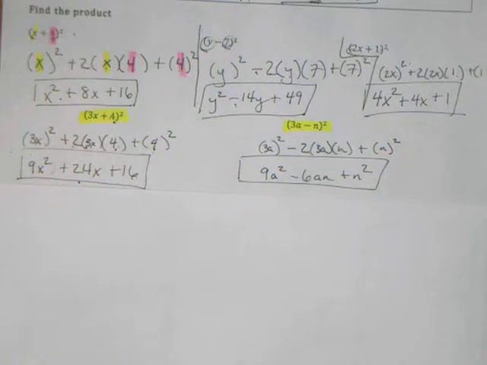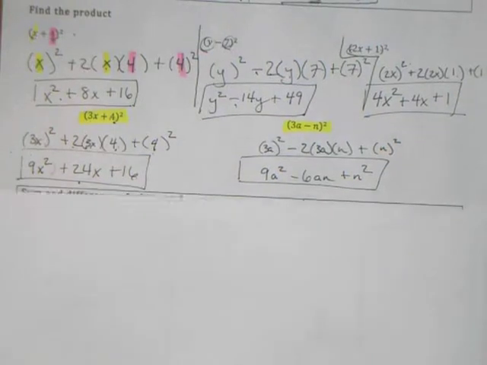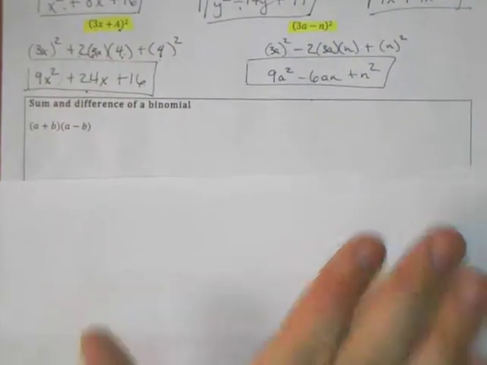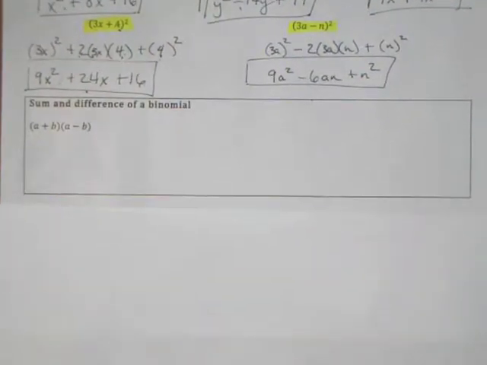The second special situation we can see is what's called the sum and difference of a binomial. If I have the exact same numbers, A and B, multiplied together in two different ways, one time connected with addition, the second time connected with subtraction, then life is even better.